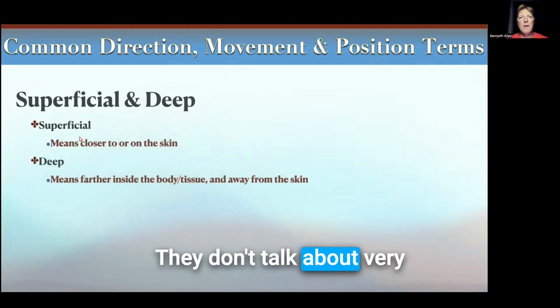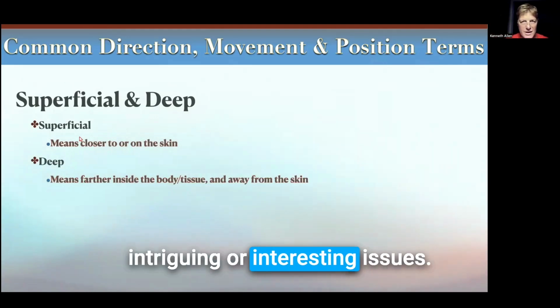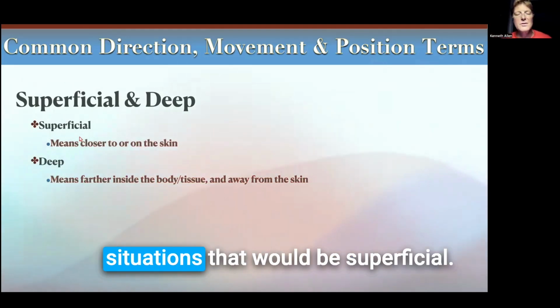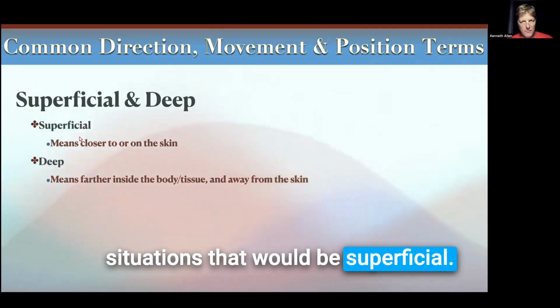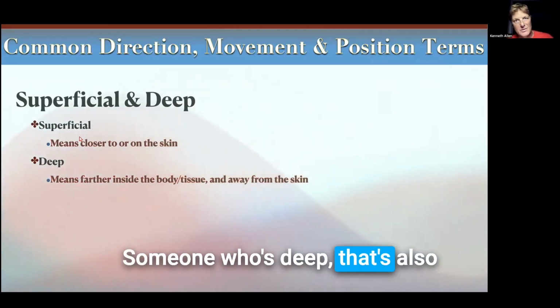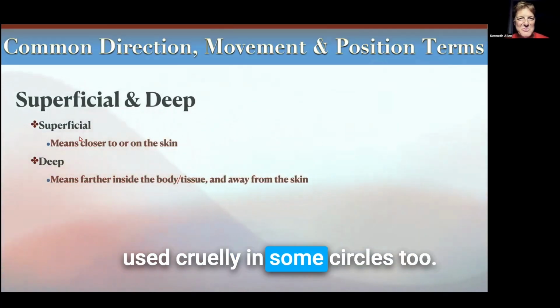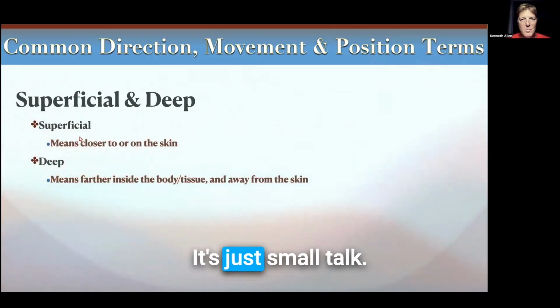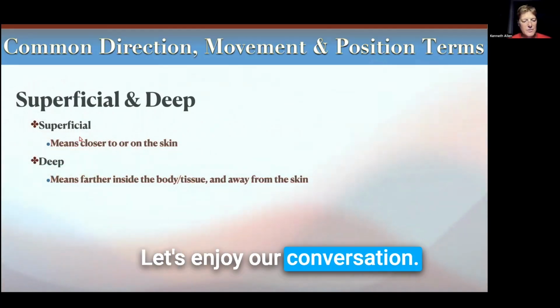They don't talk about very intriguing or interesting issues, somewhat cruelly in some situations. That would be superficial. Someone who's deep, that's also used cruelly in some circles too. You're being way too deep. It's just small talk. Let's enjoy our conversation.